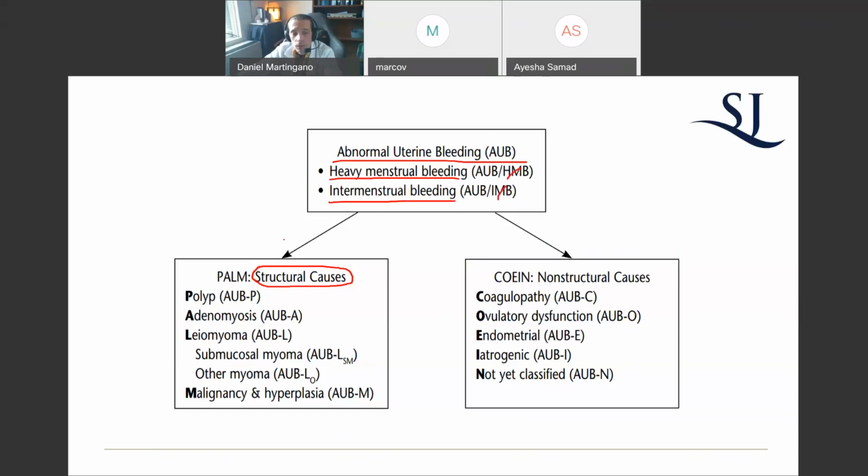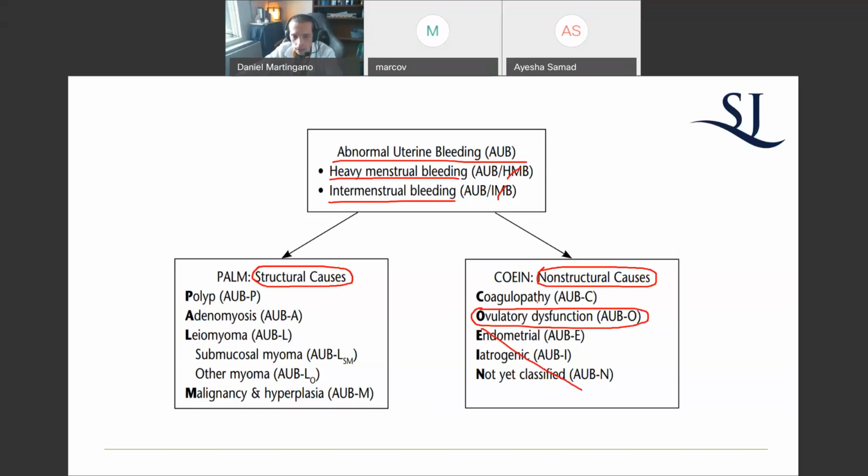And I'm not one for mnemonics, but this comes from ACOG, so it's relevant. This PALM-COEIN you might have here, but you basically have structural and non-structural causes. And really, the ones that are most important are your ovulatory dysfunction, and then, of course, your structural causes.